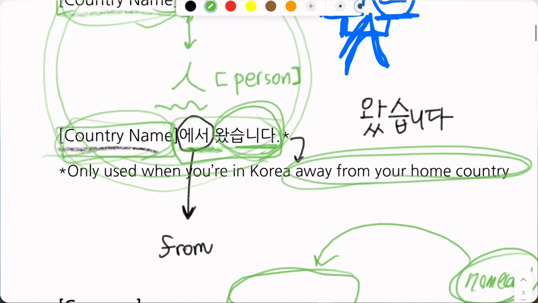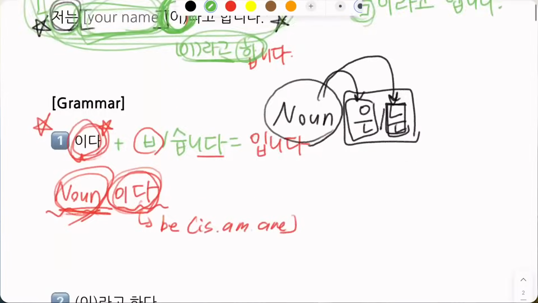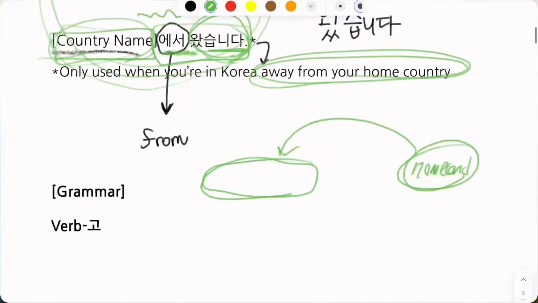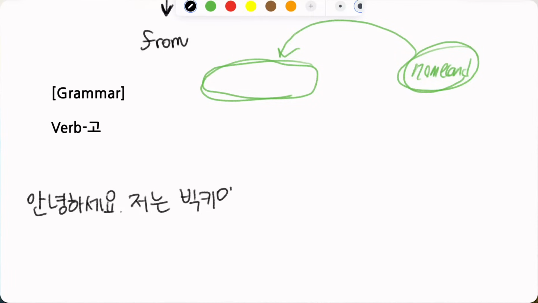Alright, 좋아요. 그러면 now that we learned how to say your name and your nationality, you can say basic information about yourself in your introduction, right? For example, 안녕하세요. 안녕하세요. 저는 비키입니다. 그리고 한국 사람입니다.